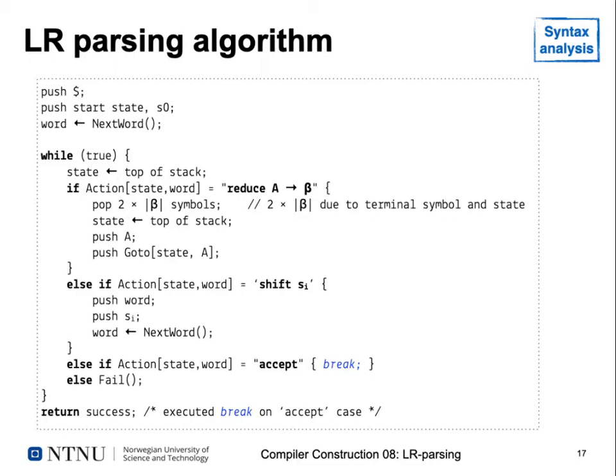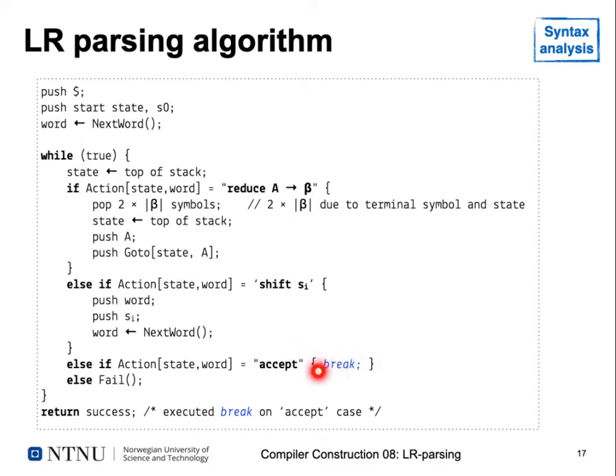So if we find another action for state and word that is a shift action to SI, then we simply push the word and the state, and then we just read the next word. Finally, if there's an action for this state and word that says accept, that's our way to successfully leave our loop.